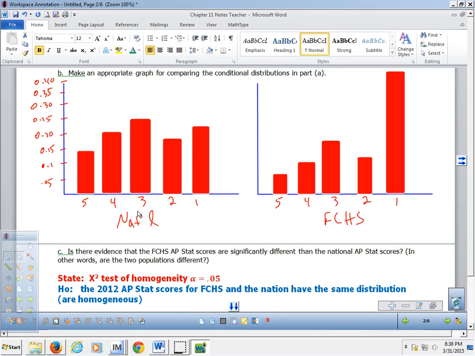So there you see it, the national versus FCHS. And so, do we think that FCHS's scores are different? First glance would say yes. The real question is, are they significantly different? And so we can take a look at that in a different way. Okay? But there's the graph. Again, not looking great for FCHS.